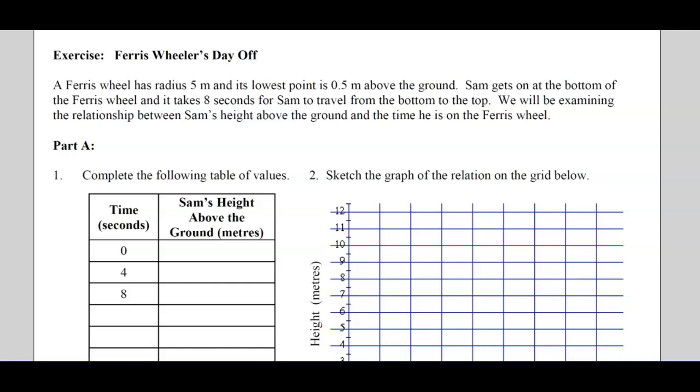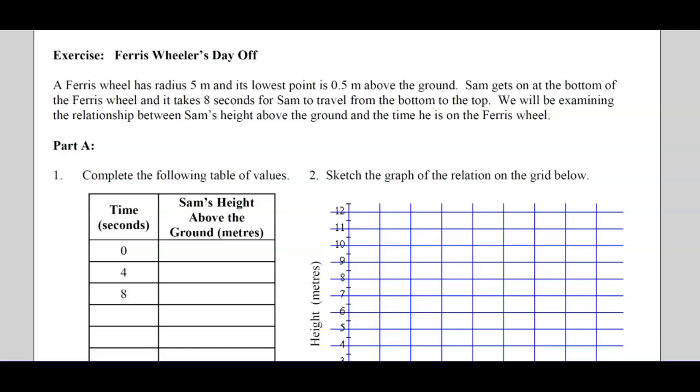On a merry-go-round, you control how fast you go, right? On a Ferris wheel, someone's in charge of that. There's a whole mechanism and they keep it going at a constant rate. So that's what we're looking at here. So I really need quiet, you guys.